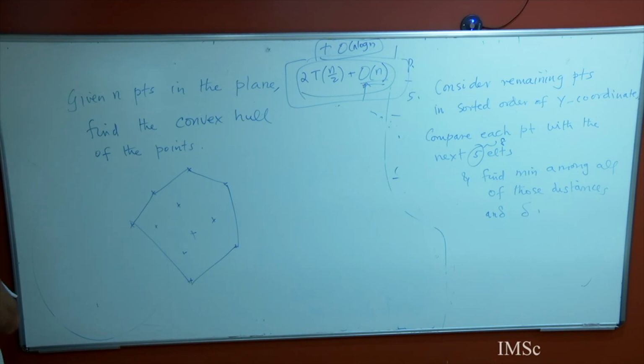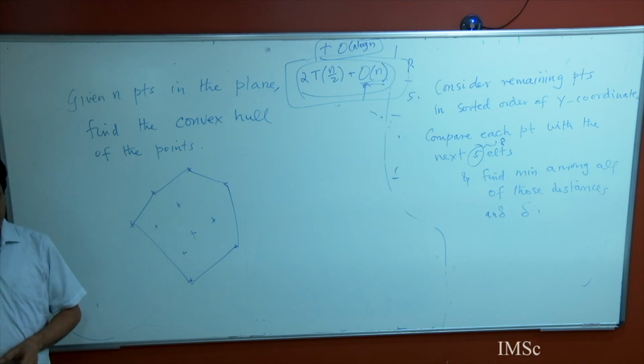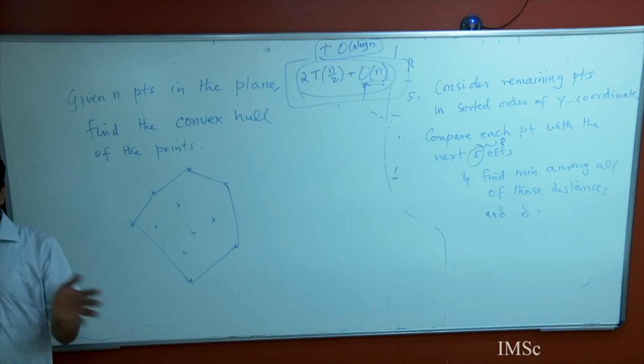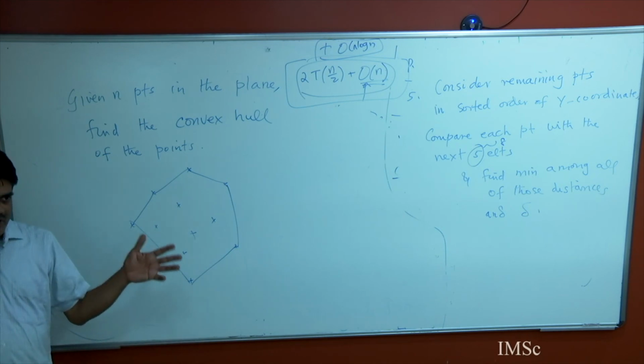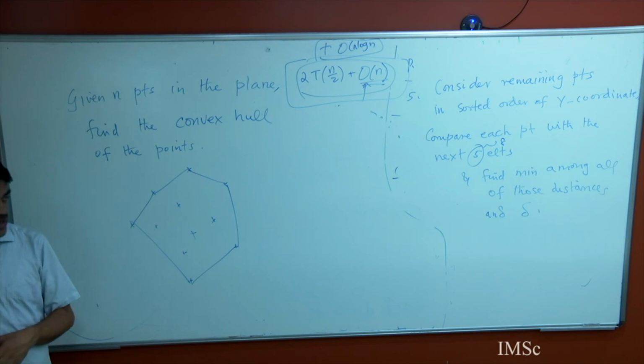So again, let's think of how to do this by divide and conquer. I will again find the median of the x coordinates and divide it into two halves. The median is so useful in that sense, right? The median algorithm we saw, which you can do in linear time, is very useful whenever you just want to split some points into two equal halves by some measure.